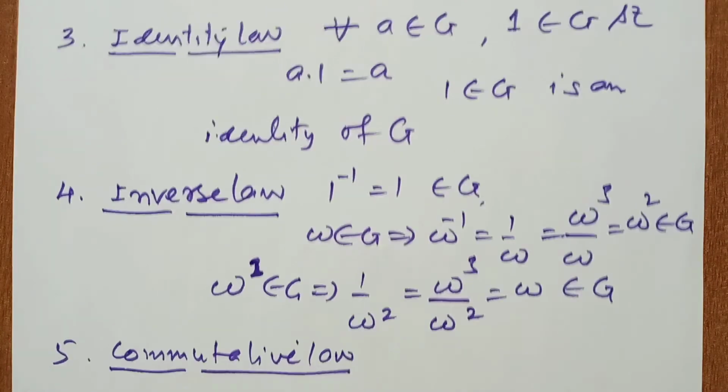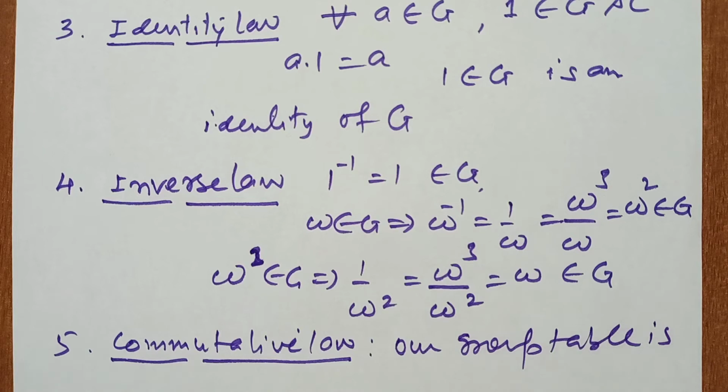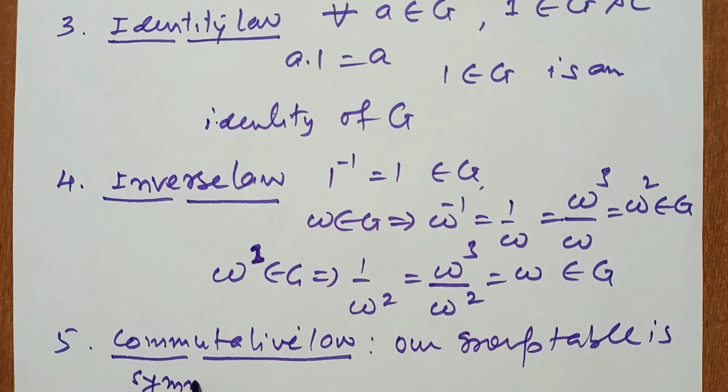Okay, so we can write here our group table is symmetric with respect to diagonal elements.